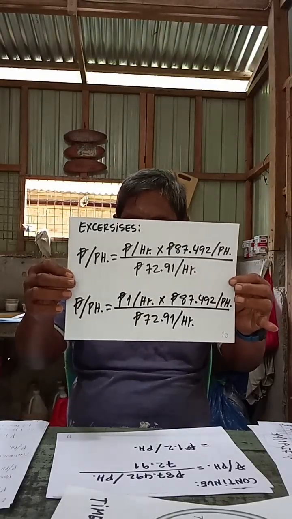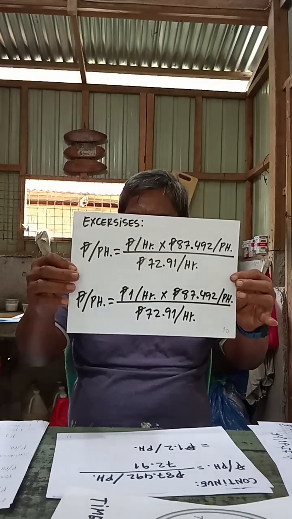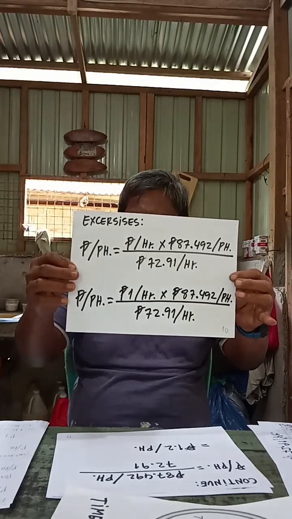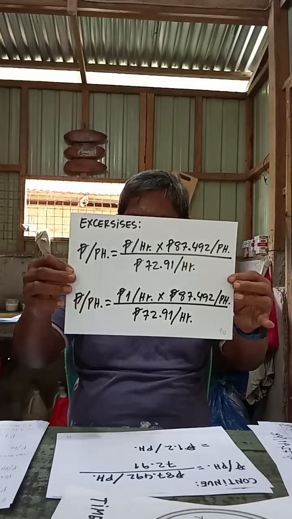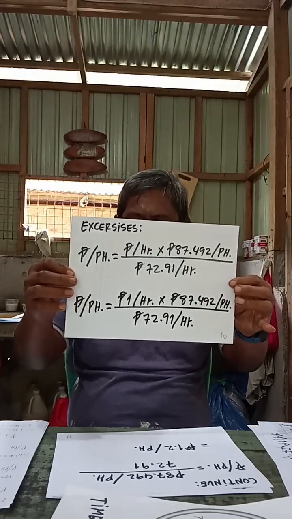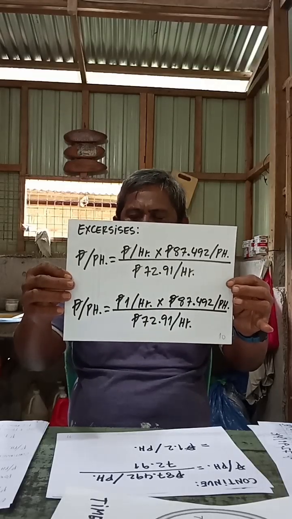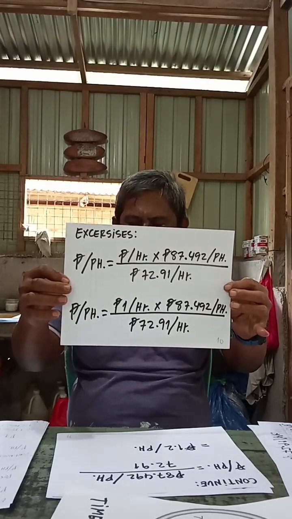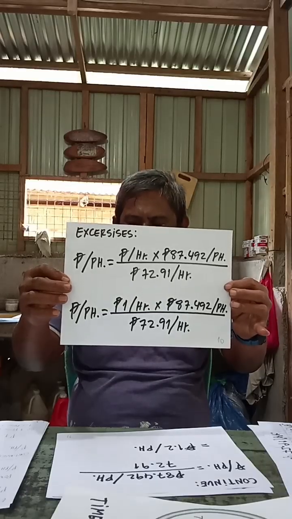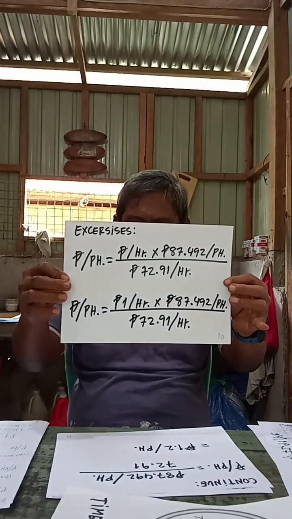So, 1 peso per hour times 87.492 pesos per peri hour over 72.91 pesos per hour. So, pesos per hour over pesos per hour, cancel the pesos per hour. And the remaining is pesos per peri hour.